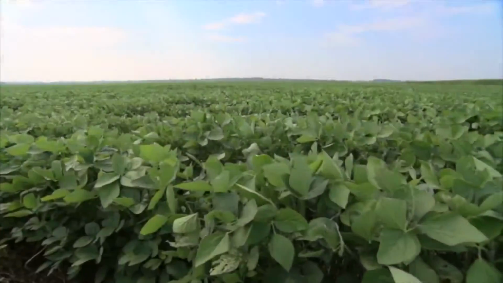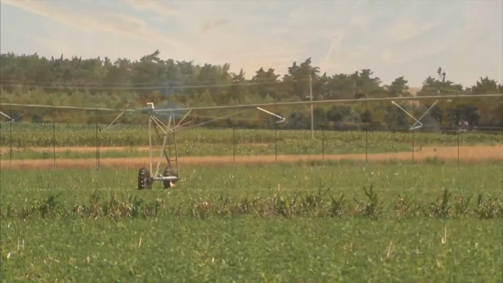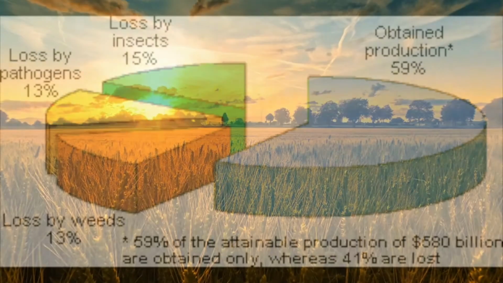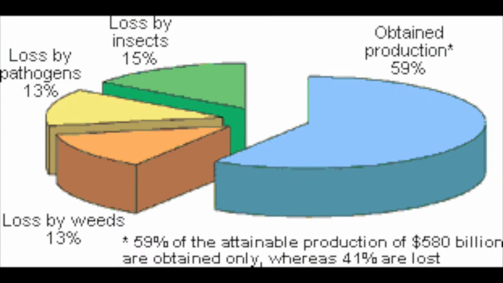According to Professor Richard Strange's research on agriculture pathology, it is estimated that 30 to 40% of harvests are lost to plant disease each year throughout the global production chain.